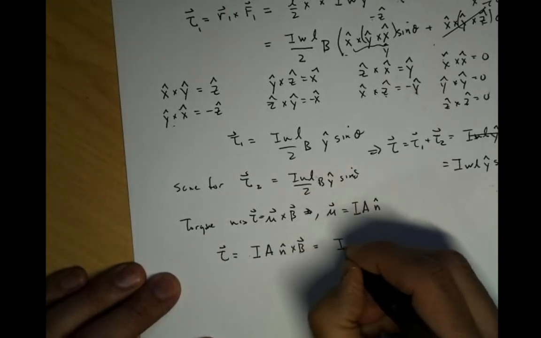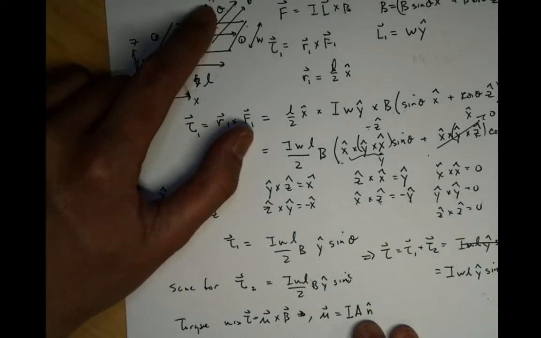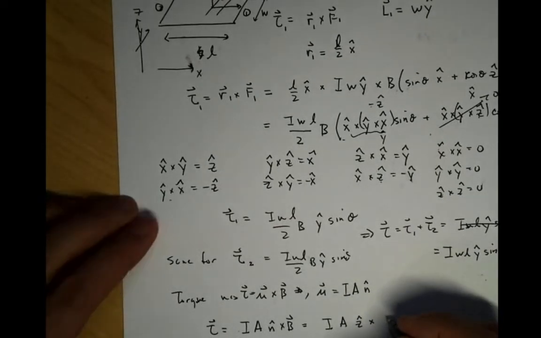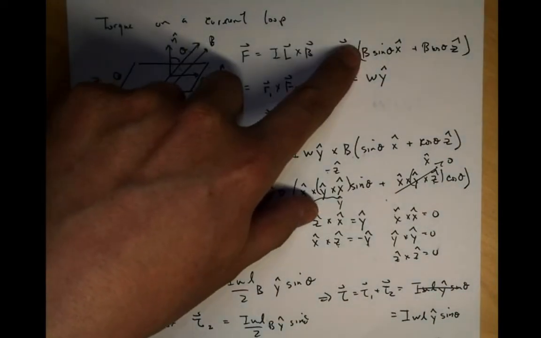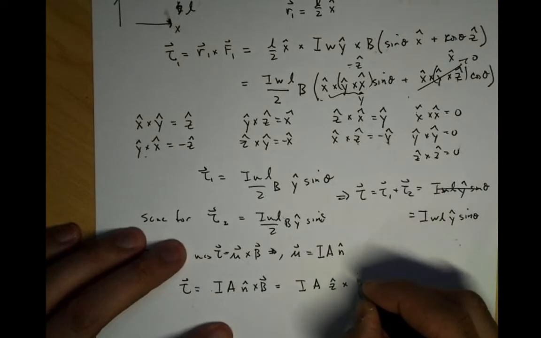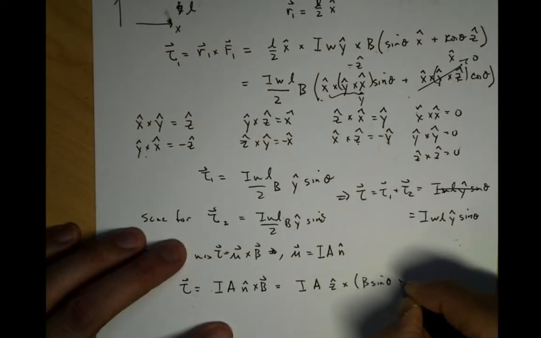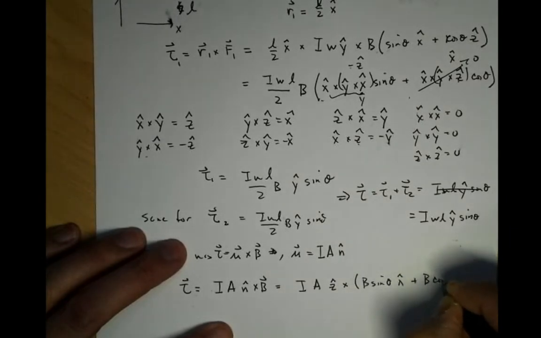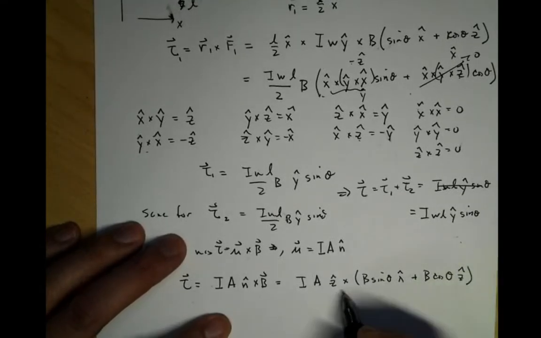Now, n hat is in the ẑ direction, crossed with B up here, which is B sine theta x̂ plus B cosine theta ẑ, okay?